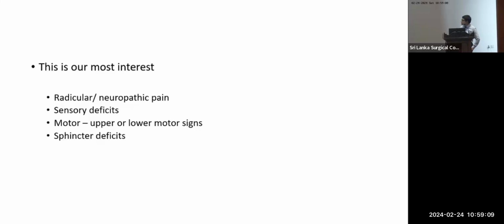Motor deficits, either upper or lower motor signs, and sphincter deficits, either bladder or bowel or both, and also sexual dysfunction. But usually it is not a concern in an acute setup, but these will be more important or more practical in an acute setup.